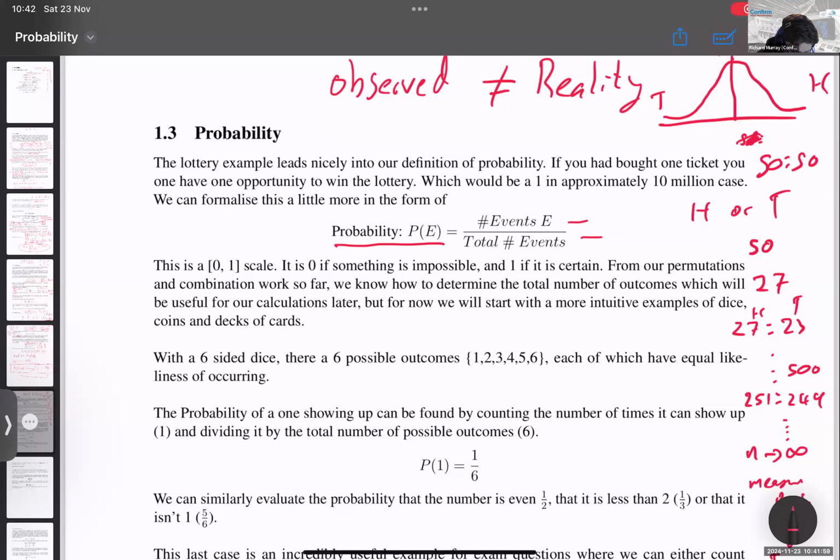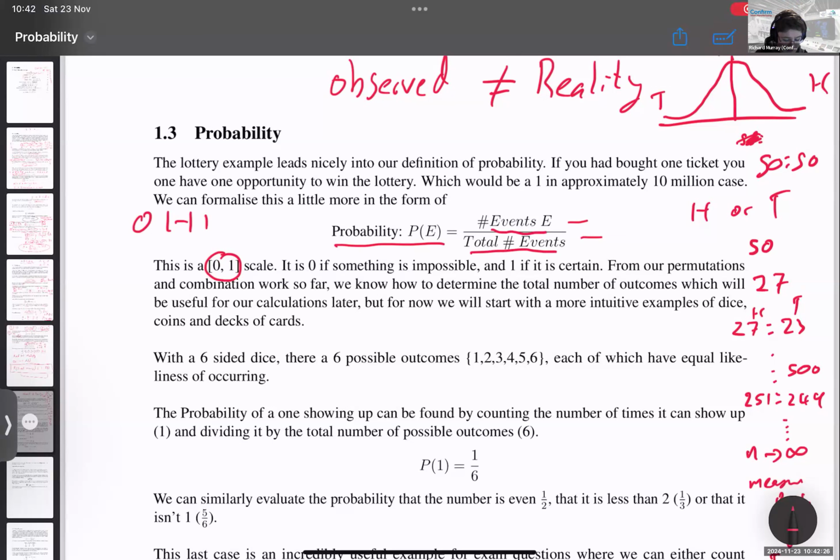So probabilities are normally arranged on a scale of 0 to 1, and this is just to help our calculations. You can do it on slightly different scales, but you will only ever see things on a scale of 0 to 1, and that's because we're dividing by our total number of events. Our total number of events is always going to be bigger than our number of successful events, so our number is always going to be less than 1.